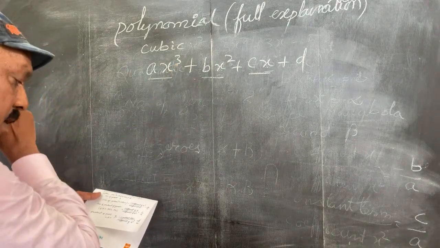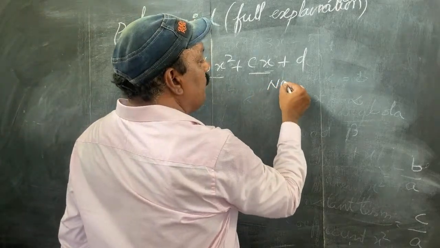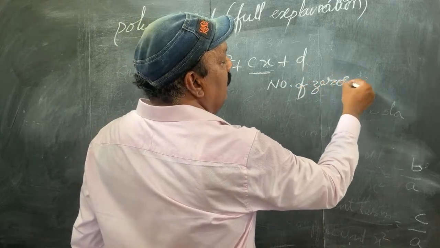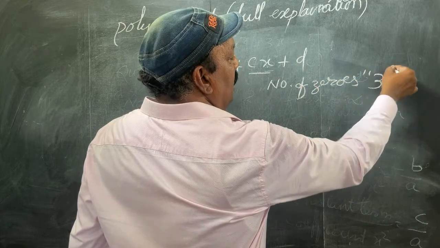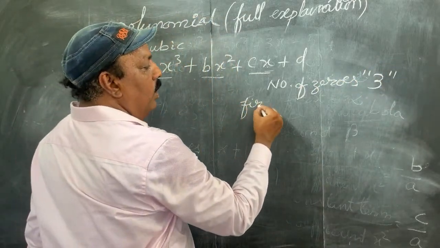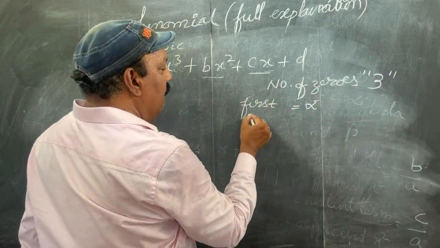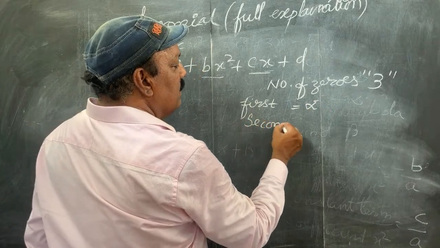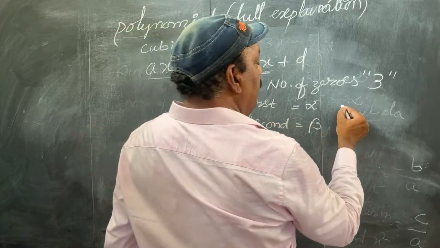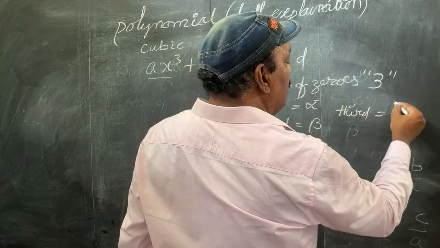How many zeros will there be for the cubic polynomial? The number of zeros for a cubic polynomial is easily 3. 3 zeros will be there. The first zero is alpha, the second zero is beta, and the third zero is going to be considered as gamma.